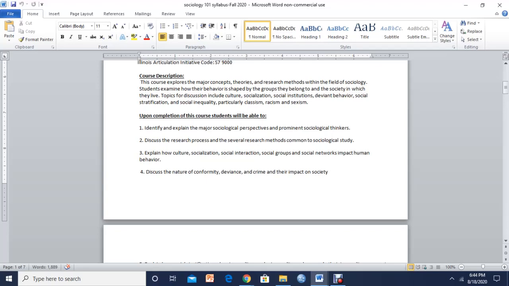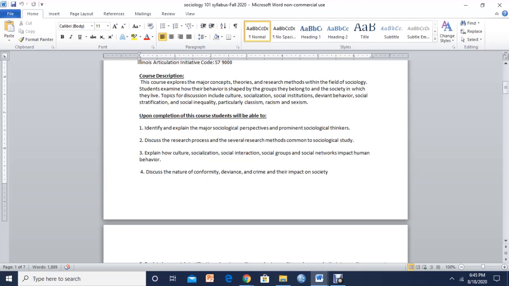It talks about our background, where we're from, the culture of young people today, the role of the media and how that plays in shaping the culture, socialization, how we are socialized into our society, and our gender roles. The social institutions are always huge. We'll also talk about deviant behavior, social stratification, and social inequality, in particular classism, racism, and sexism.